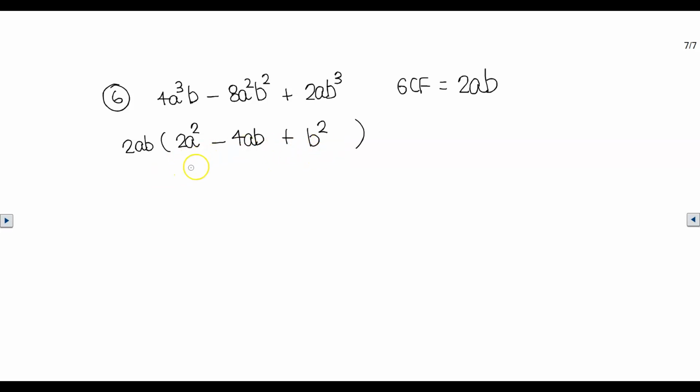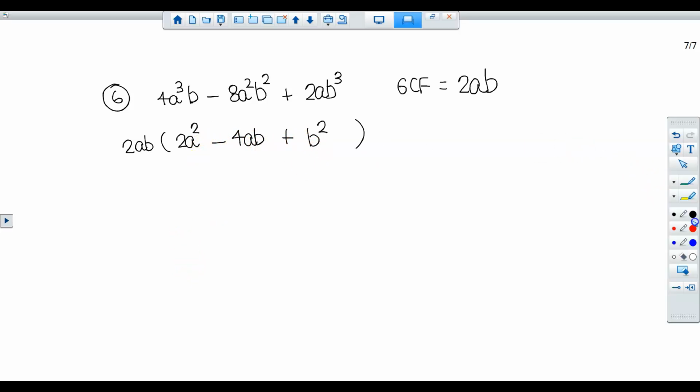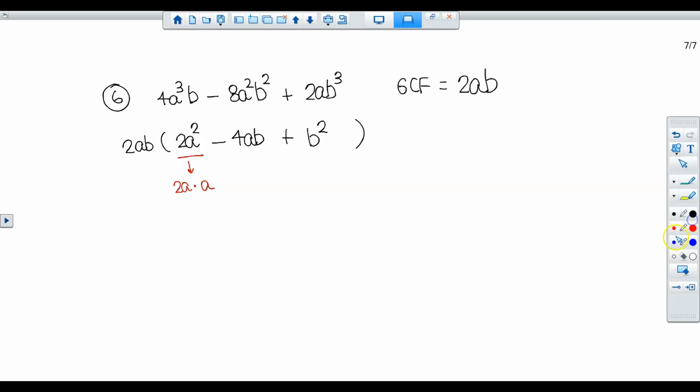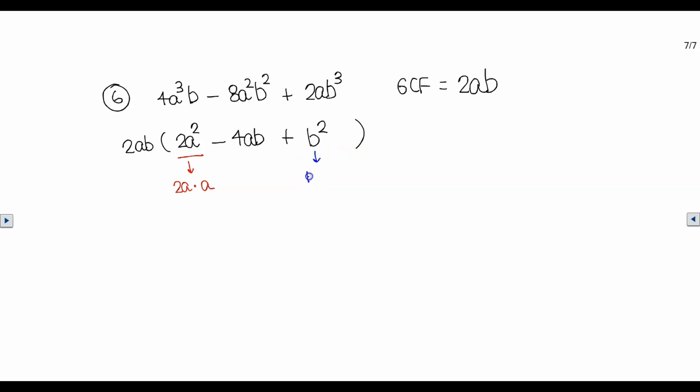All right, now notice that inside your parentheses you have 3 terms. So that would be a guess and check problem. So my 2a squared, there's only one way to get that, which is 2a times a. And then notice that for my b squared, only one way to get that, b times b.